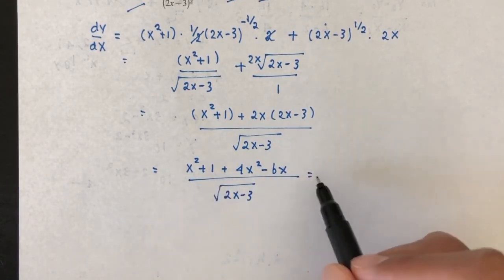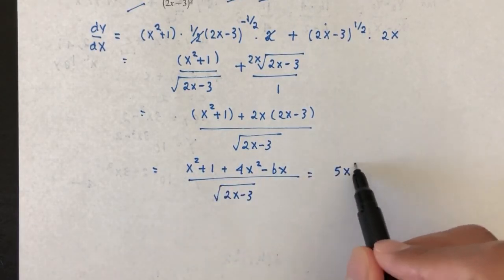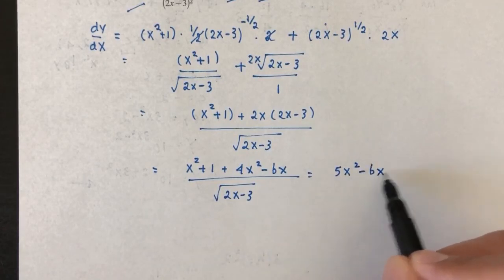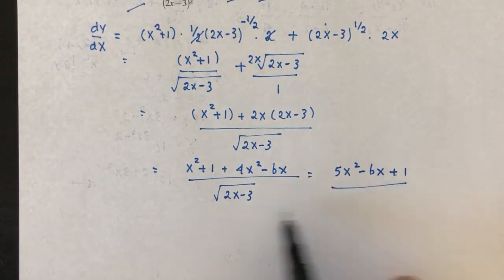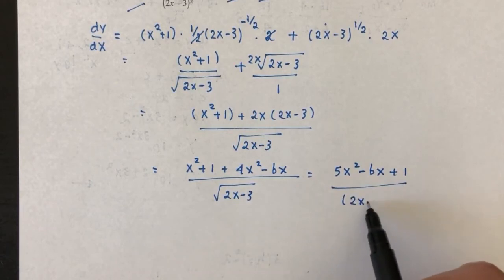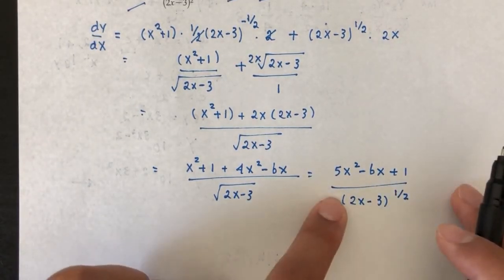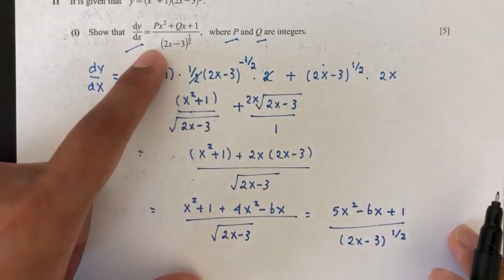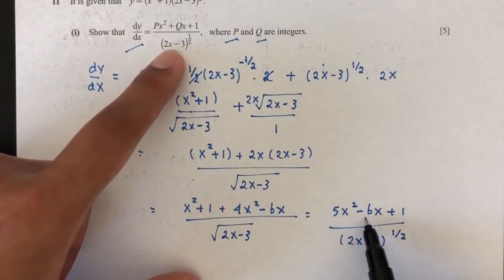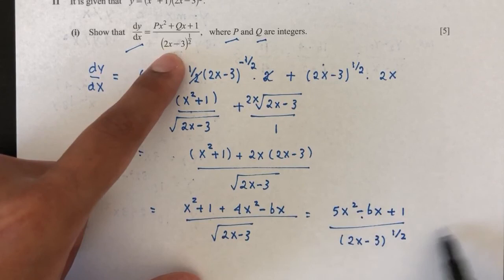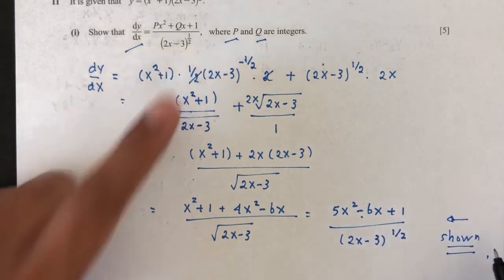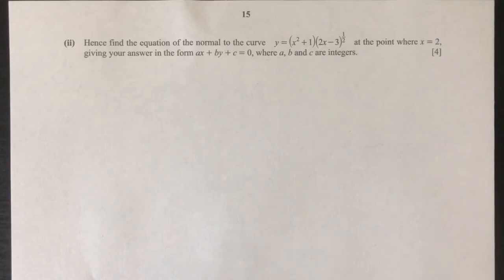So simplify, we have 5x squared minus 6x plus 1 over square root of 2x minus 3. So this is the same as this. Now we compare this with this. So p is 5 and q is minus 6. So shown as required.